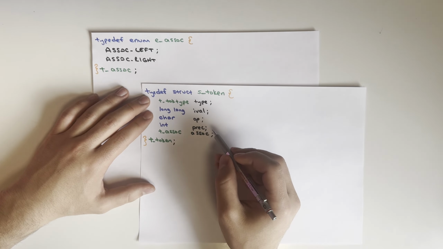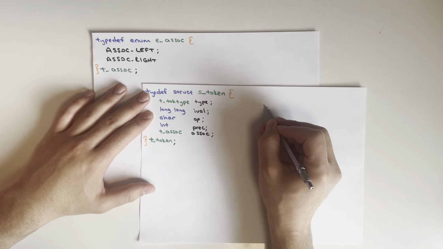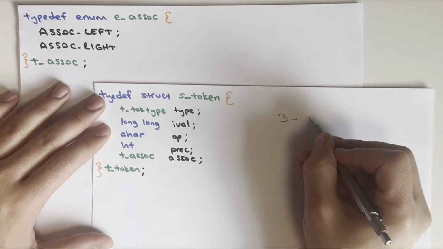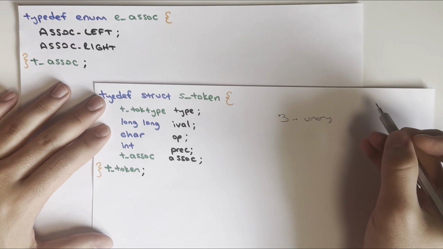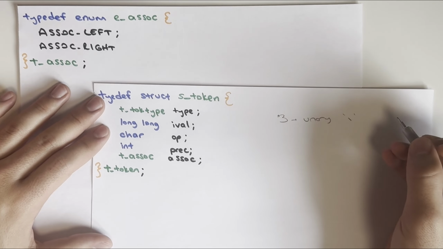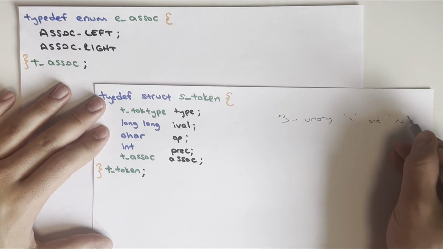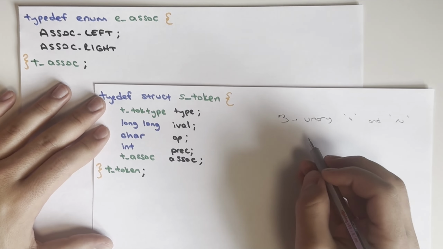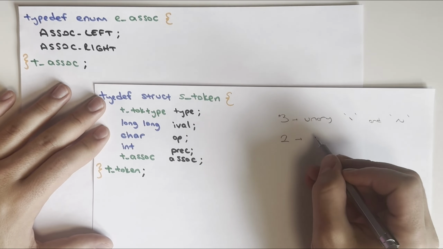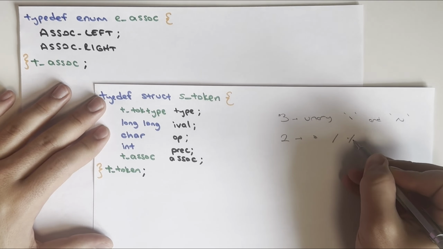So for the precedence we will use, for example, if we have unary, we will have backquote and we will have tilde. The second, we will have asterisk, division, and modulus.